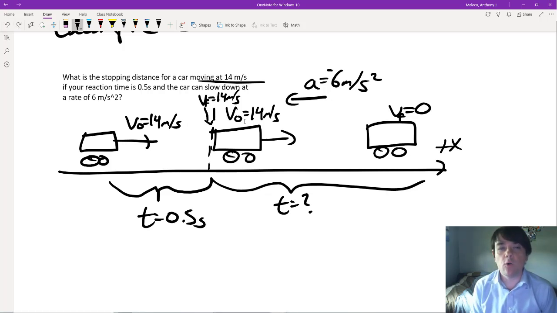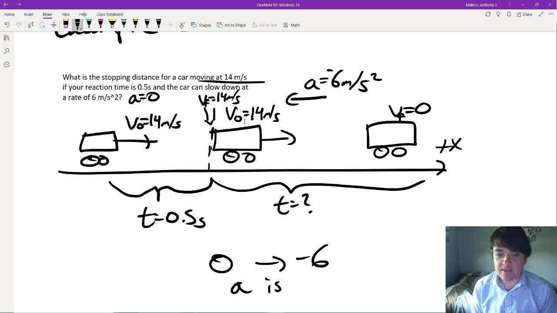And you must be wondering, why do we need to separate it like this? So here, A is minus 6. On the left side, we have a V initial of 14, and we have a V final of 14, meaning A is 0. Now, we're going from 0 to minus 6, which means A isn't constant here.